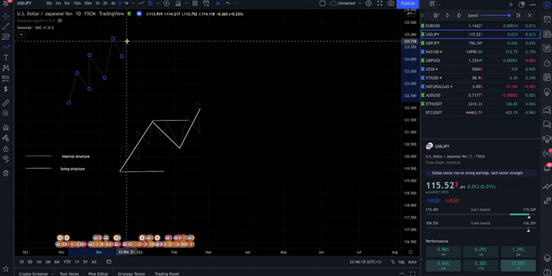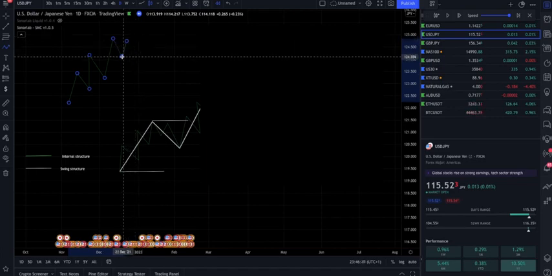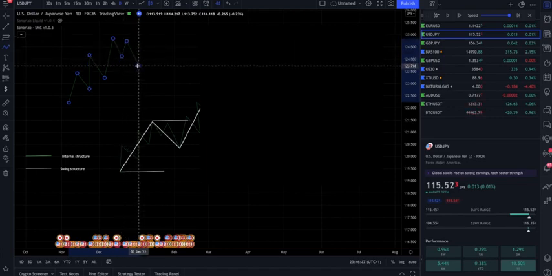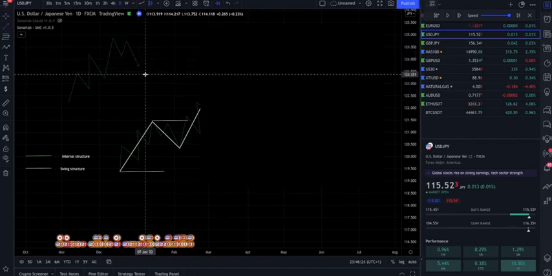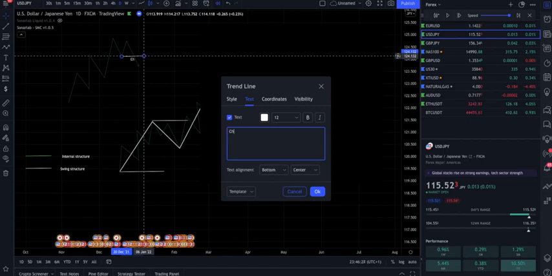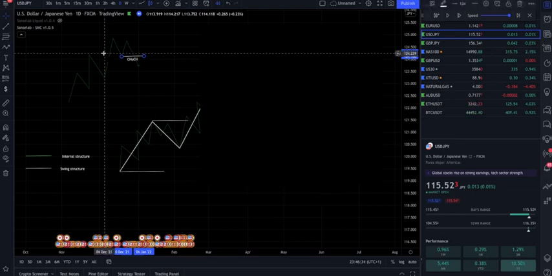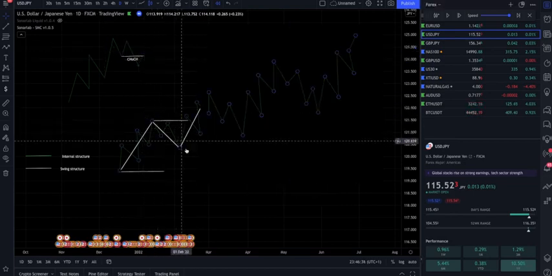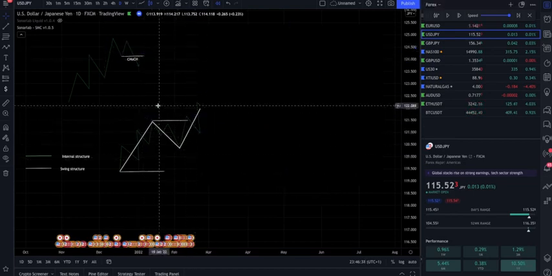We fail to break this high and we break this low. So there we got a CHoCH. This right here we can call a change of character. With internal structure, we can spot those pullbacks a little bit earlier than with swing structure.